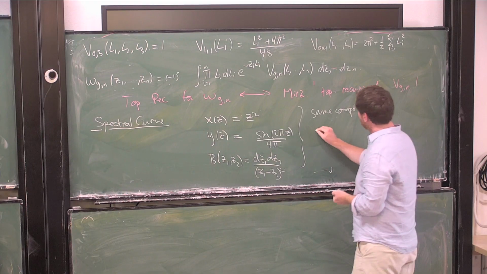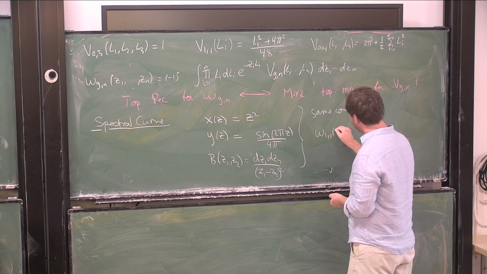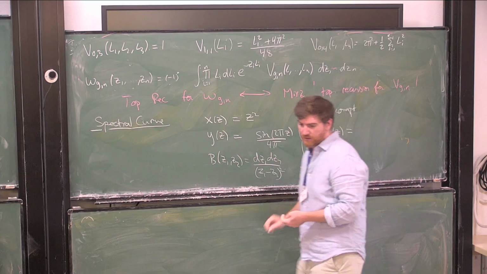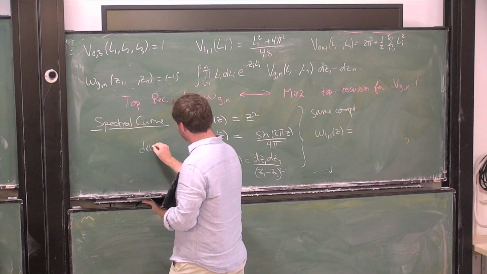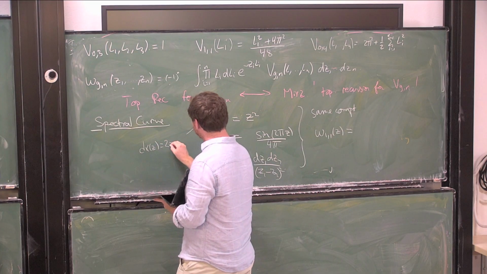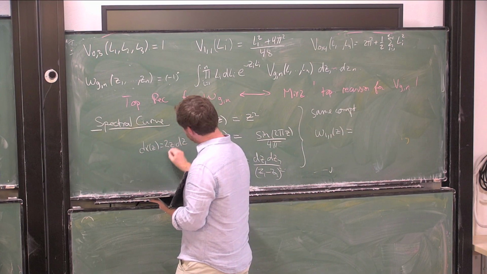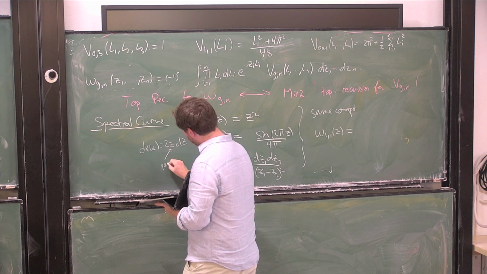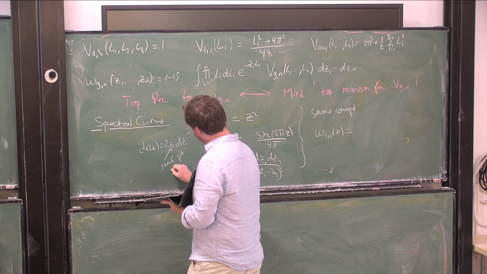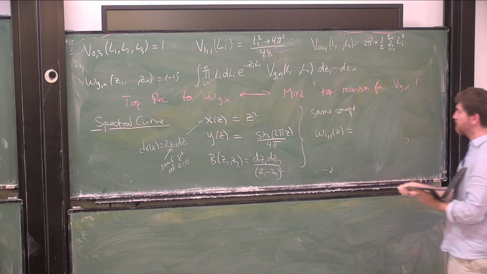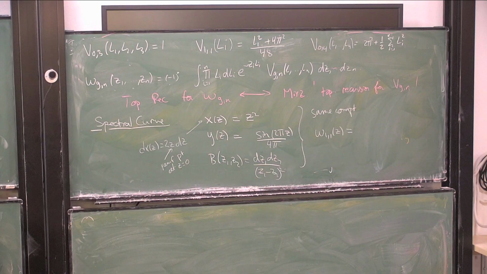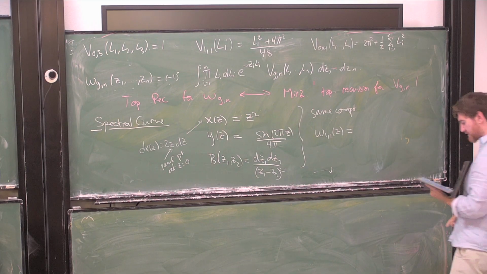And you would find, for example, that W11 of z is, here it's quite simple. There's actually only one branch point, right? So dx of z is 2z dz. So there's just a single ramification point, z equals 0. Okay, so you just do the same computations we did, and you take residues instead of at +1 and -1, you do them at z equals 0 here.